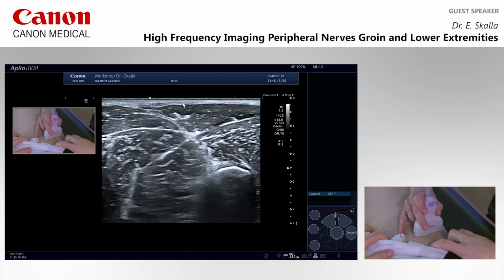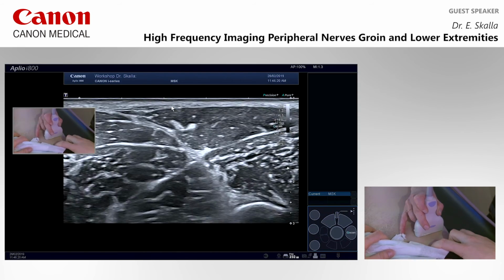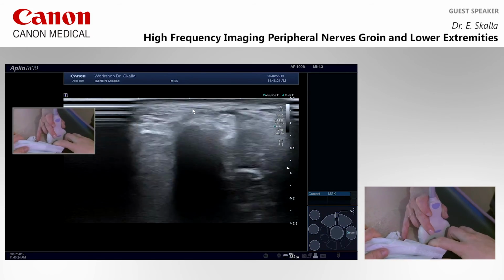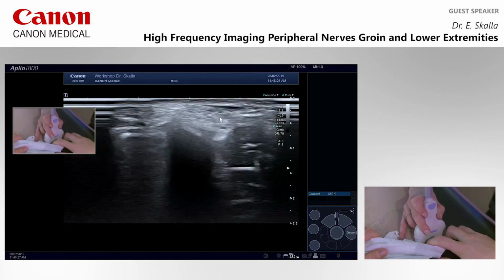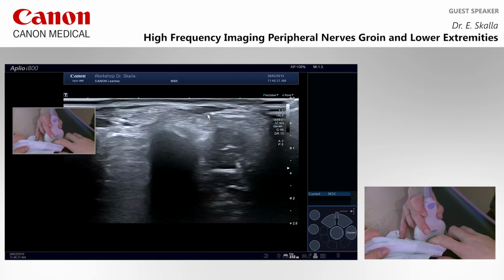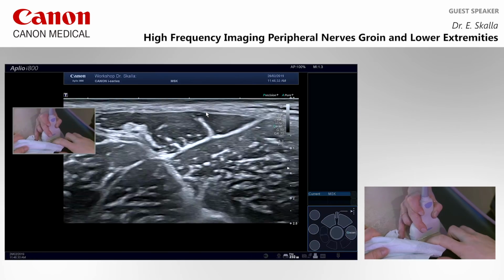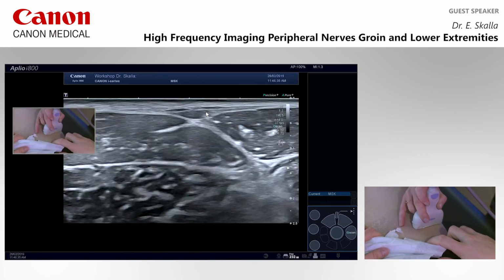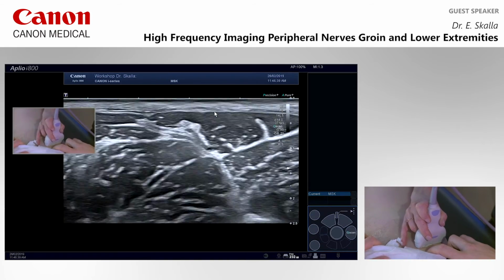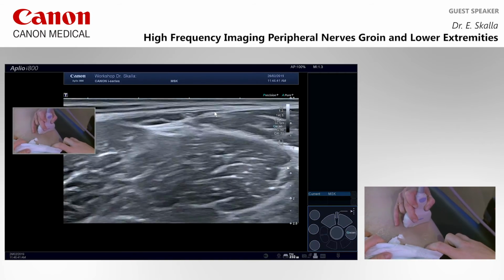There are a lot of fascicles running beneath each other. And upwards to the, here's the spine. And the exit of the nerve is here. So it's easier to find it in this position than at the iliac spine, anterior superior iliac spine.